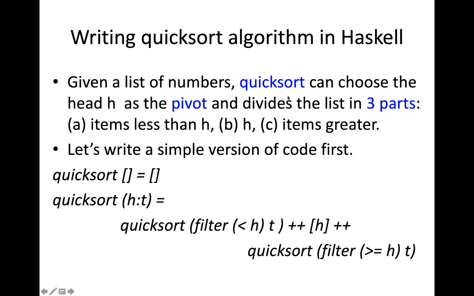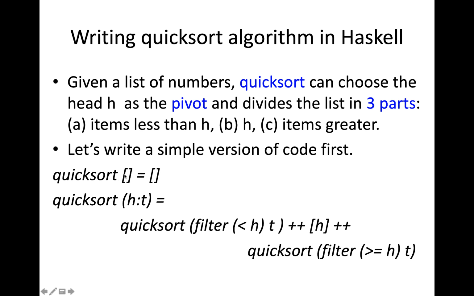Then the basic operation of quicksort is, given the list and the pivot, quicksort is going to divide the list in three parts. First part is items which are less than h, the pivot. Then the items which are equal to h, and the last part is items which are greater than h.